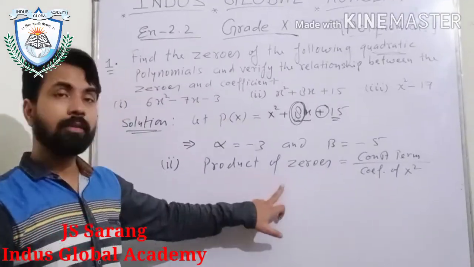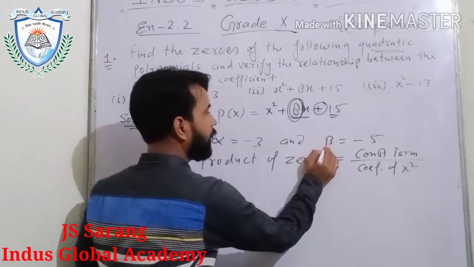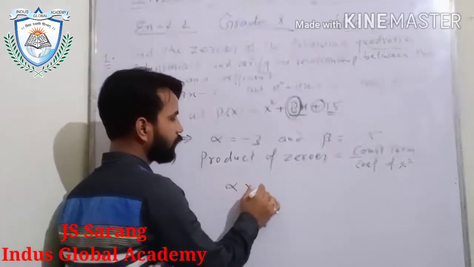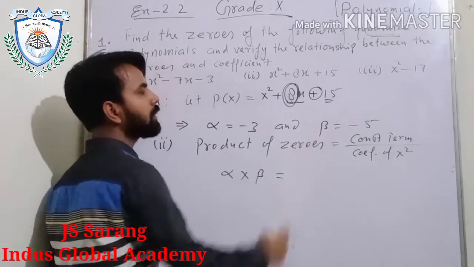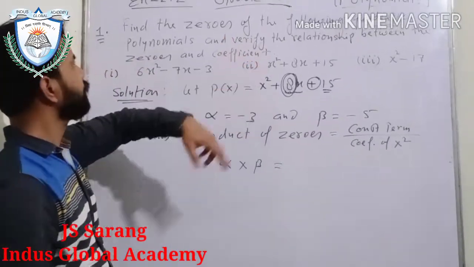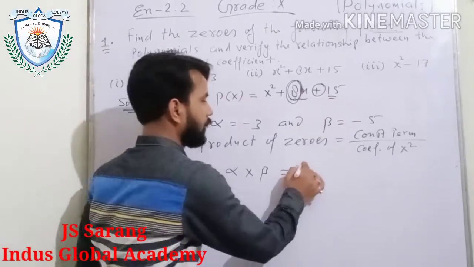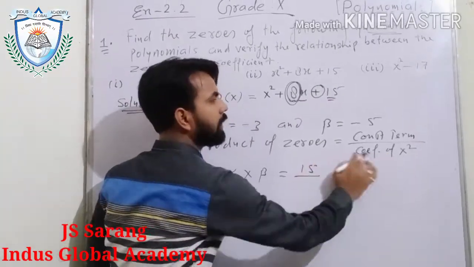Now the zeros are alpha and beta, so product means alpha into beta. Constant term: what is the constant term in the polynomial? That is 15, upon coefficient of x square.